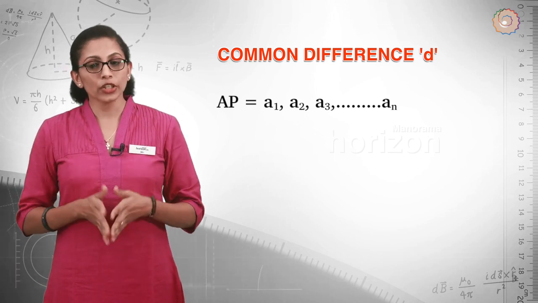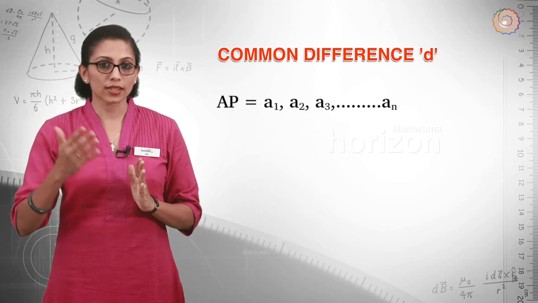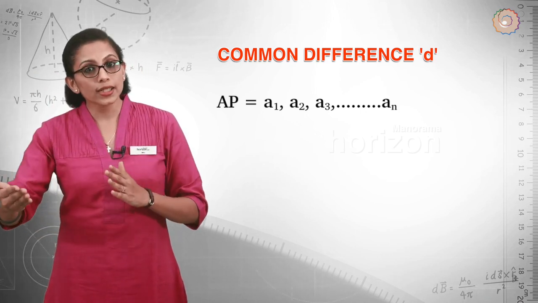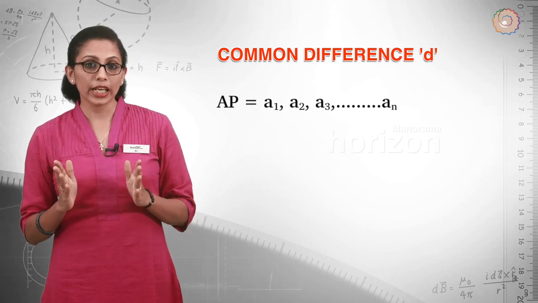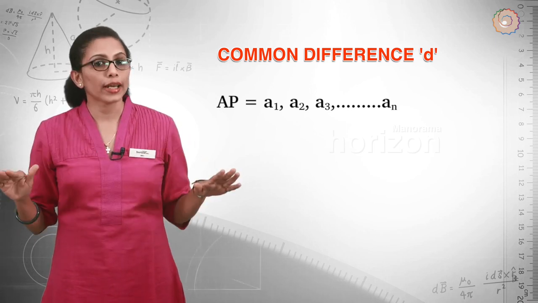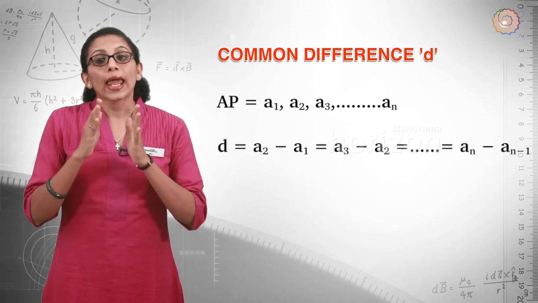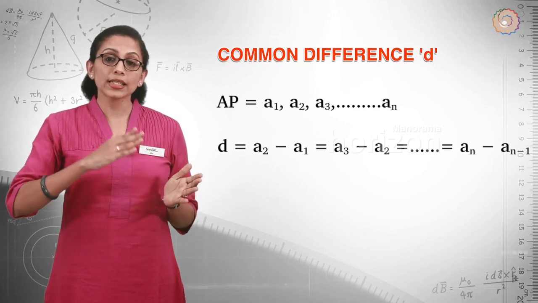Then the common difference is obtained by subtracting any term from a succeeding term. That is, d is equal to succeeding term minus preceding term. Also, the value of d should be the same for an AP. That is, A2 minus A1 will be equal to A3 minus A2, which will be equal to An minus An-1.